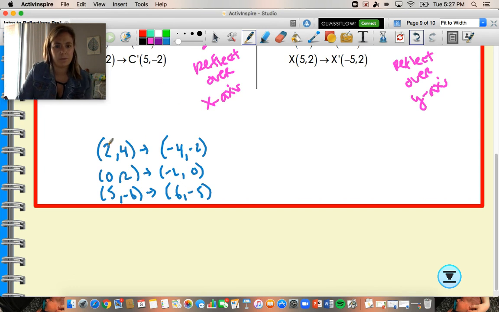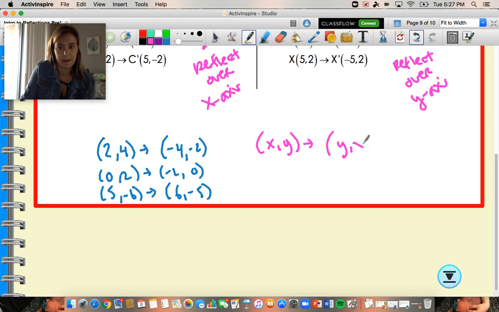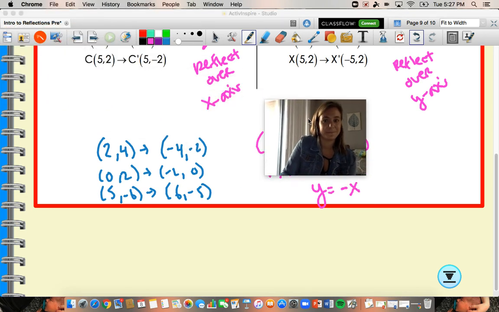So, oh, they switched. I started with X, Y, and they switched. Right? So now I've got (y, x), but they just switched to, oh no, that became an opposite. And 4, oh, that became opposite. What's this? A reflection over the line y equals -x. Amazing.